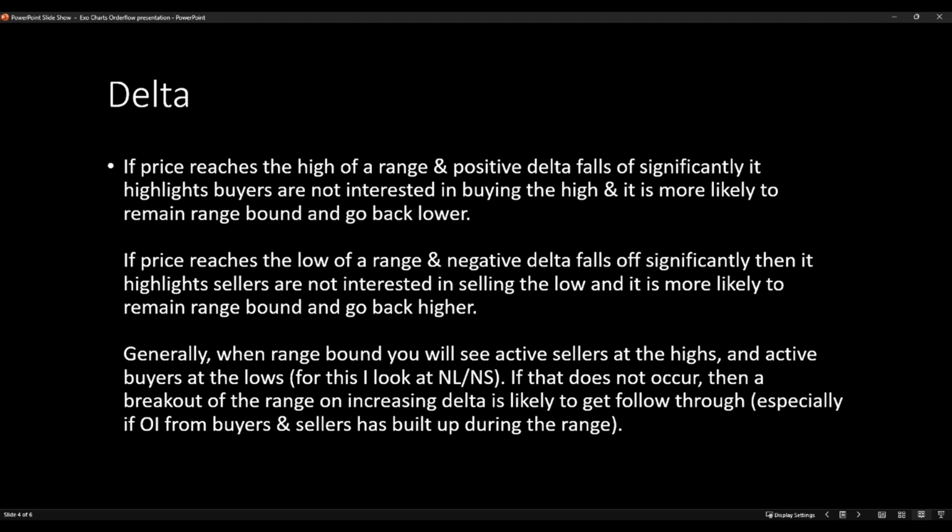And then vice versa to the upside. If we're approaching the high of a zone or a range and we're seeing that net longs are starting to fall off in closed positions as we reach that high, then we can come to the conclusion that it's more likely for price to just continue range bound. So that's important to know, because if, say, you get in the middle of a zone, which you should not do, right? We don't do stuff like that.